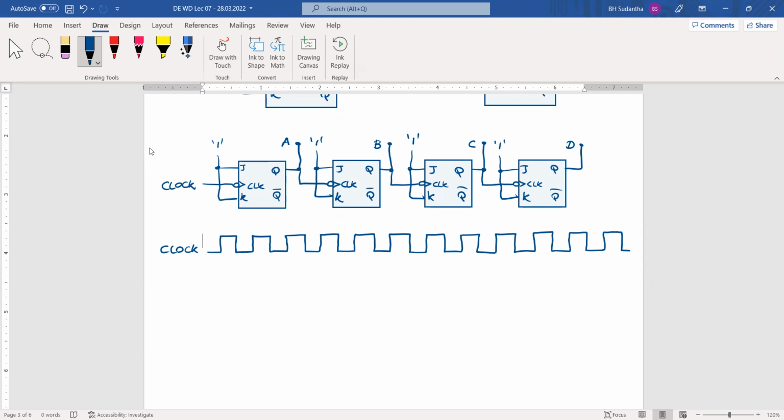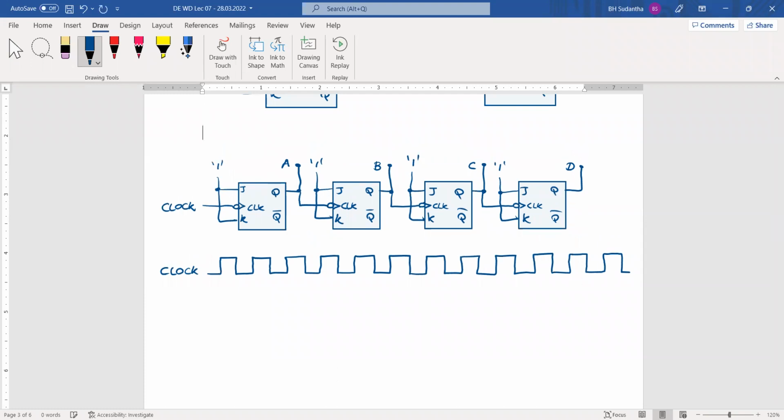And I think you have noticed that all the flip-flops are falling edge triggered. Therefore, the falling edges of this clock pulse train are responsible for changing flip-flop A's output. Shall we draw output A according to this?